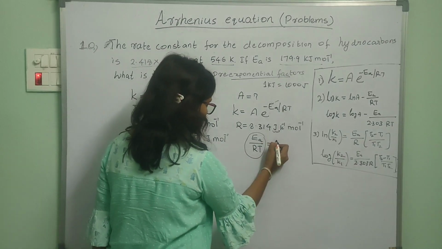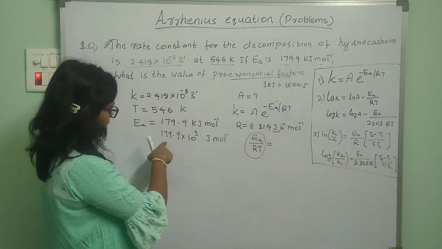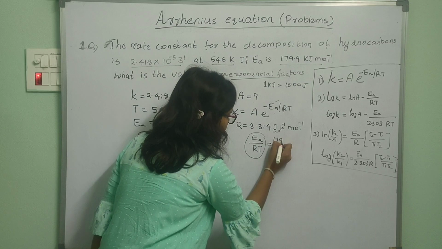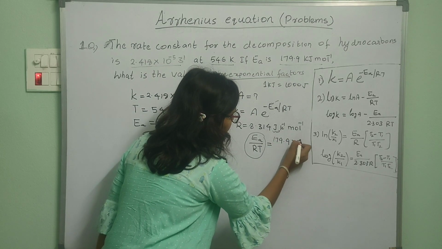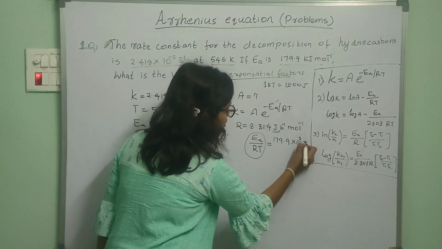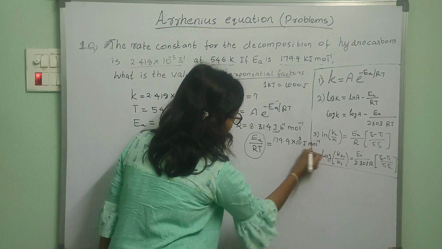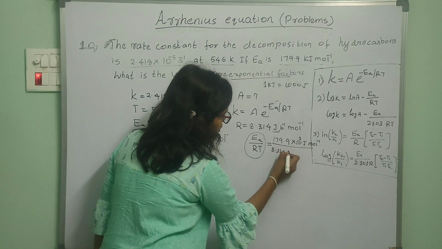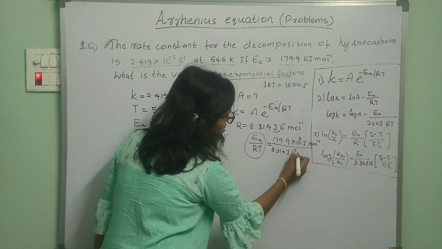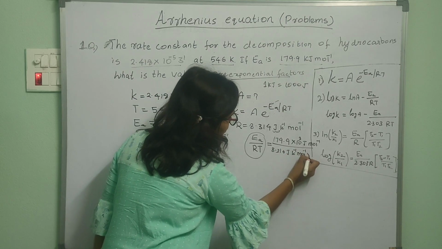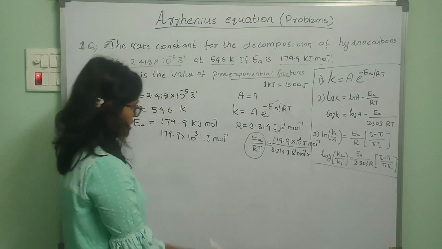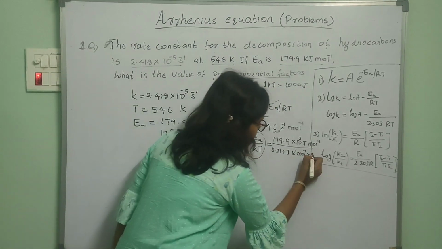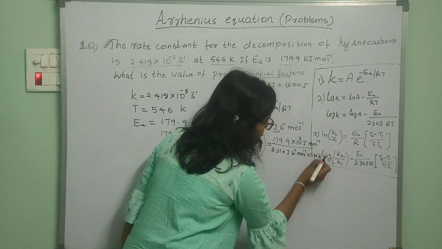The given EA is 179.9 × 10^3 joule mole inverse, okay? R is 8.314 joule Kelvin inverse mole inverse, multiplied by the temperature, which is 546 Kelvin.